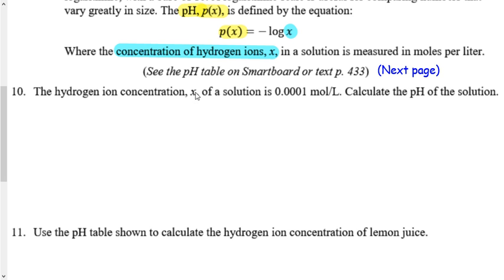So I'm going to use pH instead of P of x, and this is going to equal the negative log of my x value, which is 0.0001. Now notice again, no base was given, which means this is base 10, which is what was described as we looked at the table.